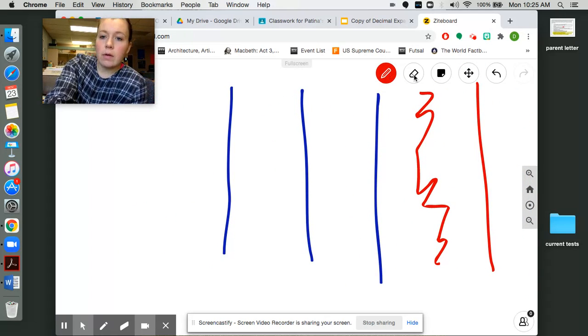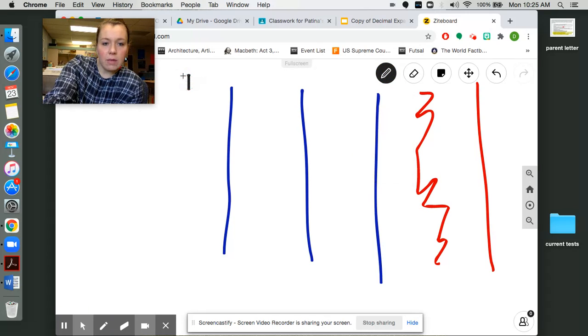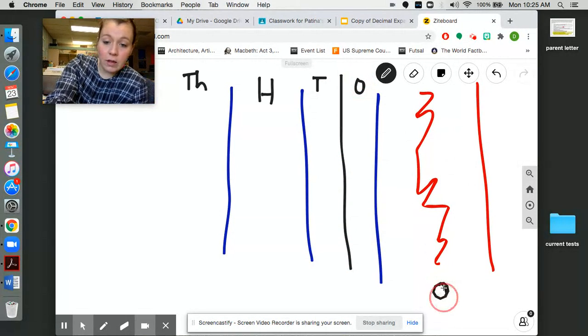So this one is going to be the thousands place, as in a whole number. This is going to be the hundreds. This is going to be the tens. And I'm actually going to split this column in half, and this is going to be the ones. This red squiggly line represents the decimal point. So this is where we move into decimals here.